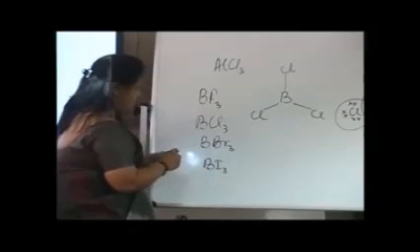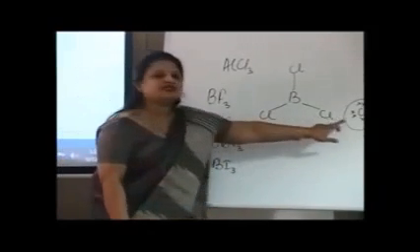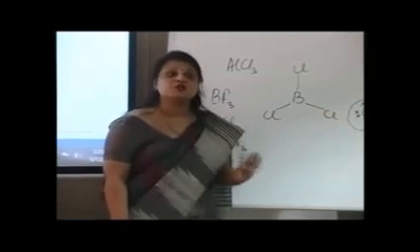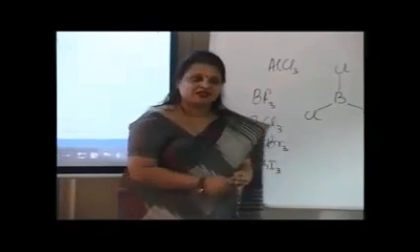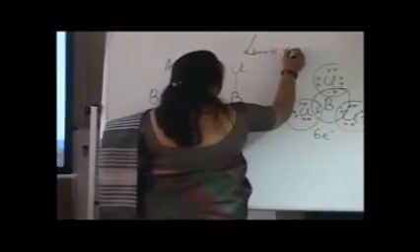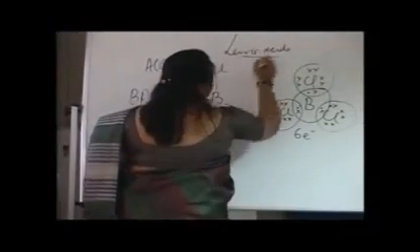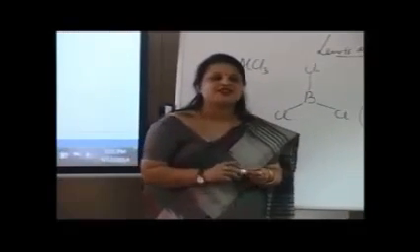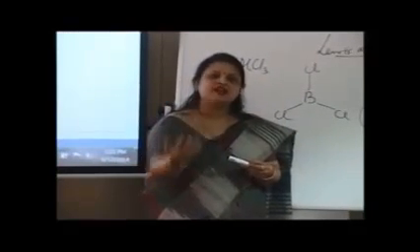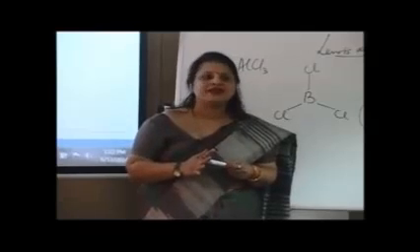In all these series, the boron atom is electron deficient. That is why they all act as Lewis acids, because they are electron deficient and hence they have the capability to gain 2 electrons to complete their octet.